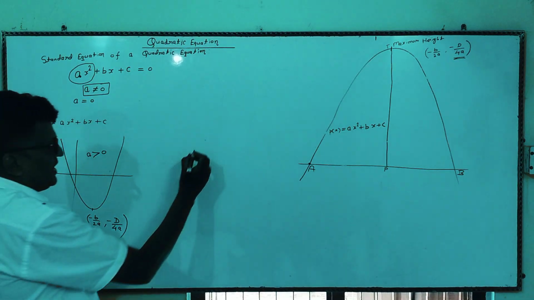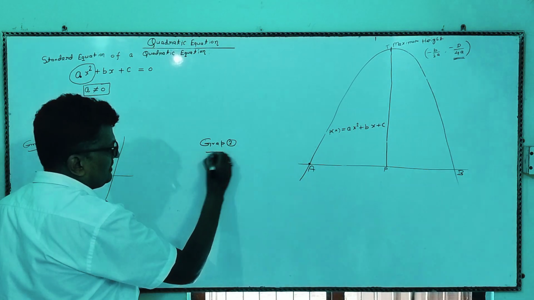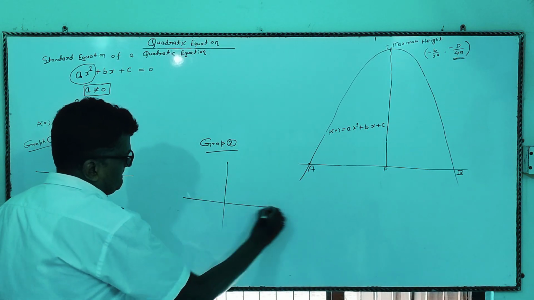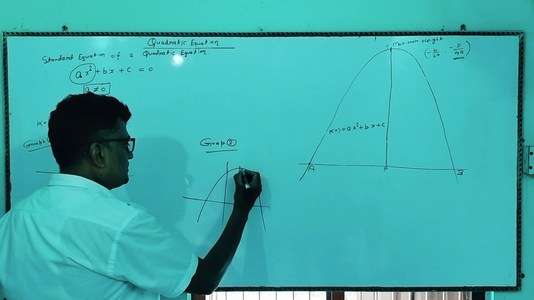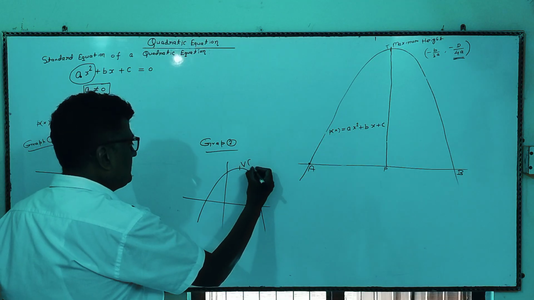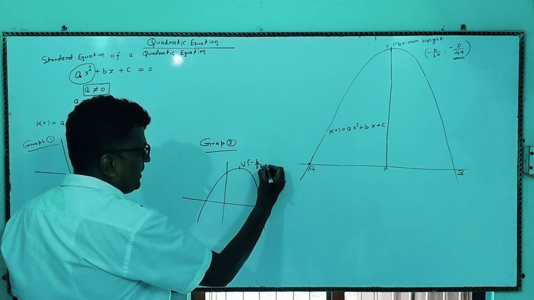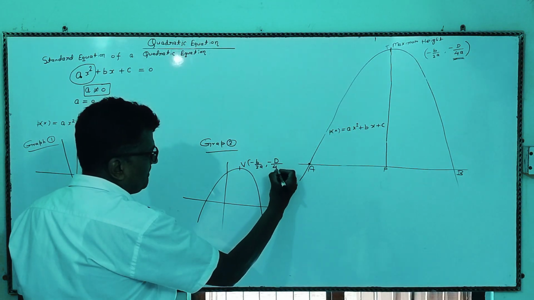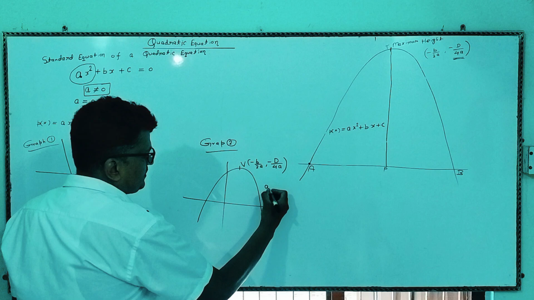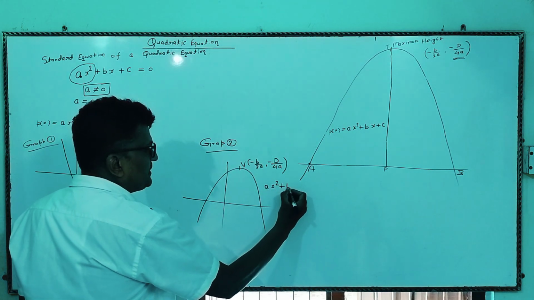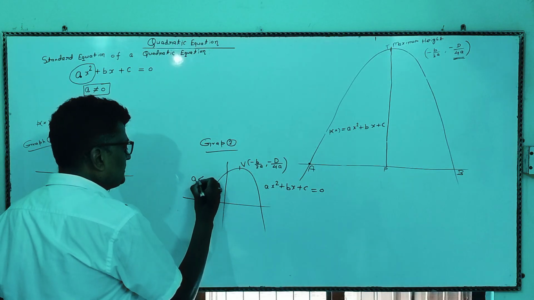Another graph, type 2 graph, is another type of graph. So this is the vertex of the parabola, suppose B, and B point will be minus b by 2a and minus d by 4a, and the equation of this is ax square plus bx plus c, and this is for a less than 0.